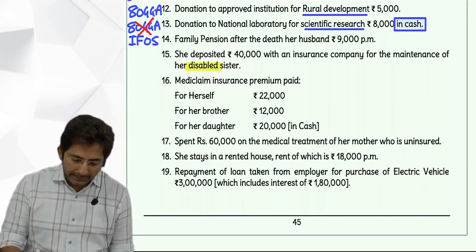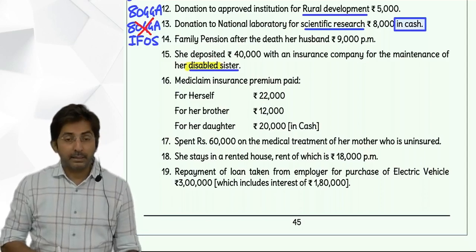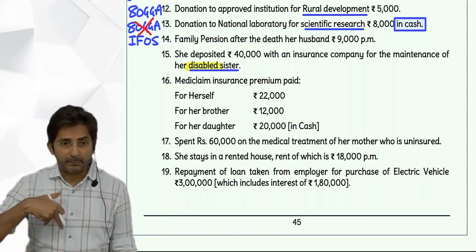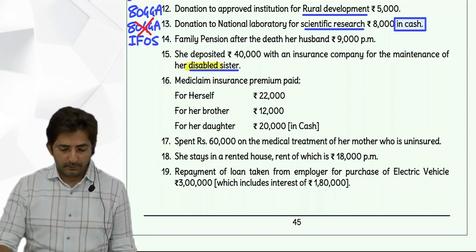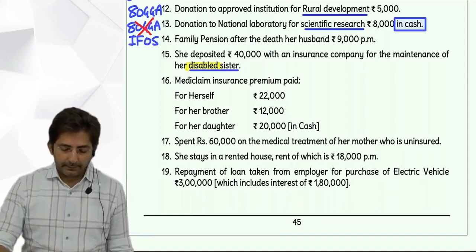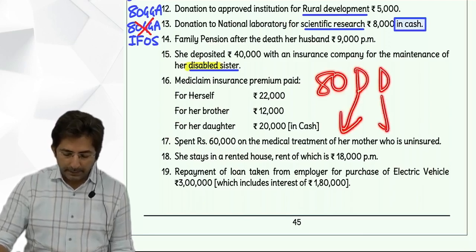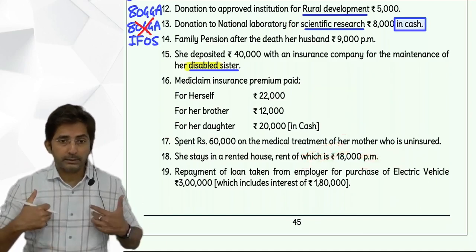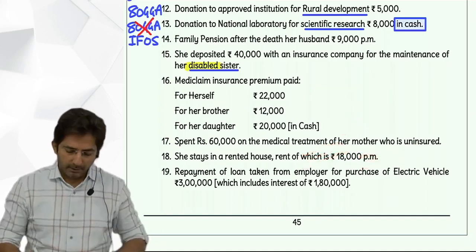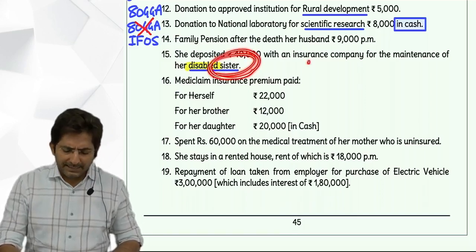And whenever handicapped, you should check who is handicapped. If the assessee himself is handicapped, then 80U. But if it is a family member, then 80DD. And how did we remember DD? D means dependent disabled. So here I am not disabled, my dependent is disabled. But the sister is disabled, is it allowed? See, check that HUF.